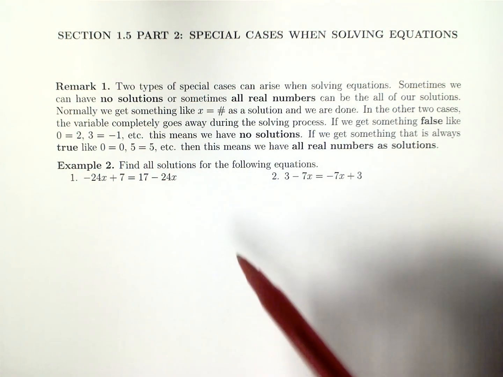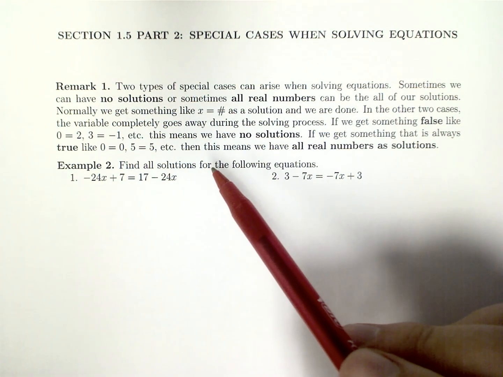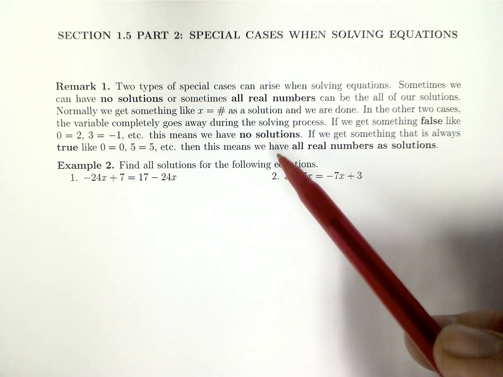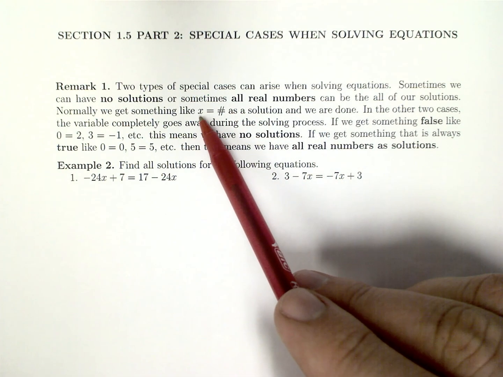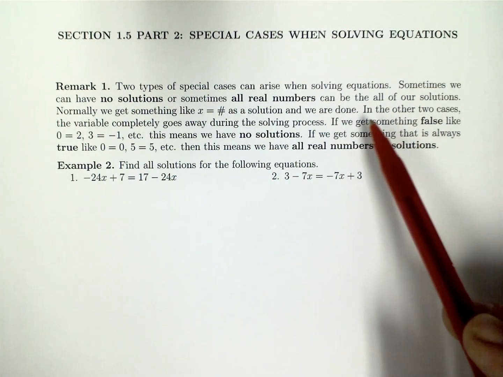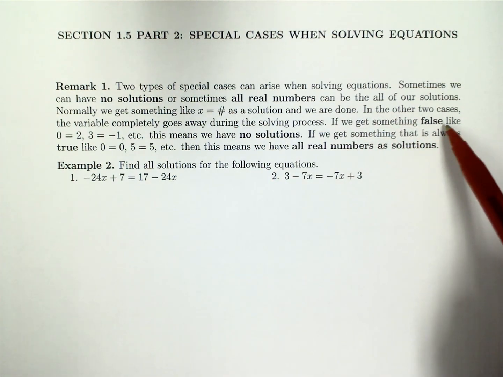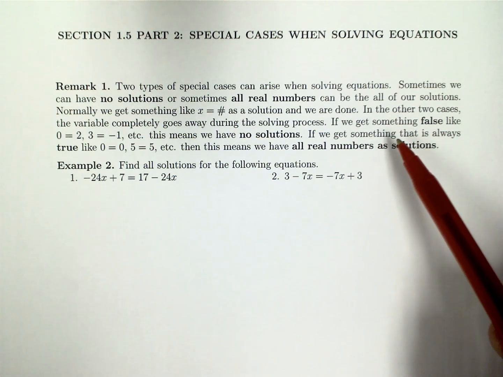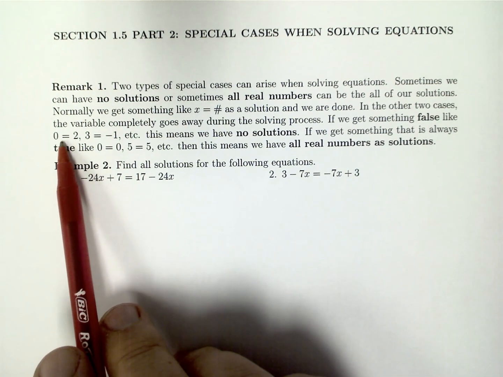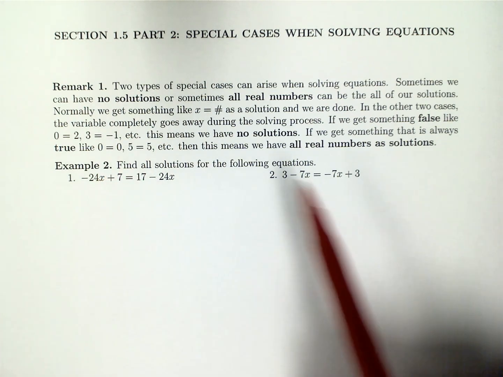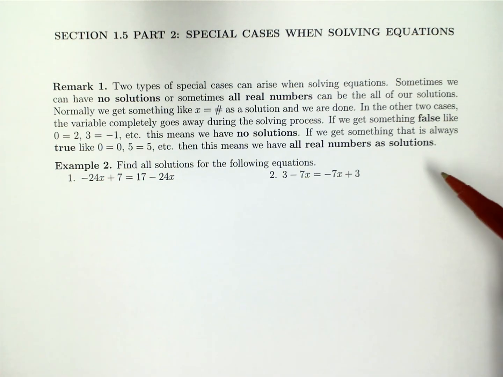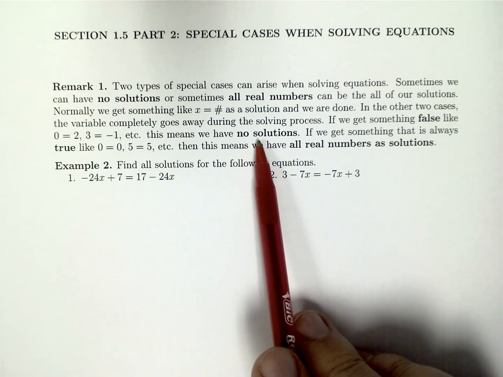Normally, we just get x equals a number, and then we're done. But these other two cases come at a special time. So when we're normally solving, we get x equals a number, but if we get something false when solving, so basically the variable completely goes away, and we're left with something like 0 equals 2, 3 equals -1, etc., then that's something that's completely false, and it turns out that means that we have no solutions.